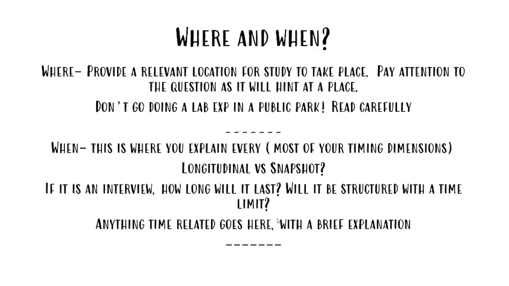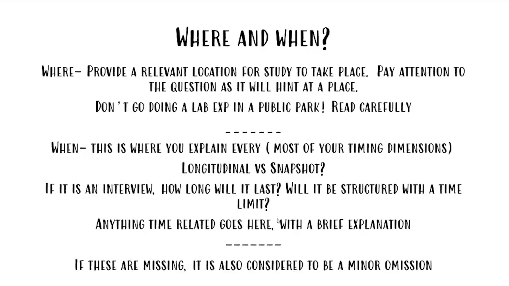Okay. Again, if these are missing, it is also considered to be a minor omission. And if you have two minor omissions, that could actually cost you a significant amount of marks. So try to add these bits of detail into your decisions quite early on in your design question, so you don't forget about them. Easy to forget.